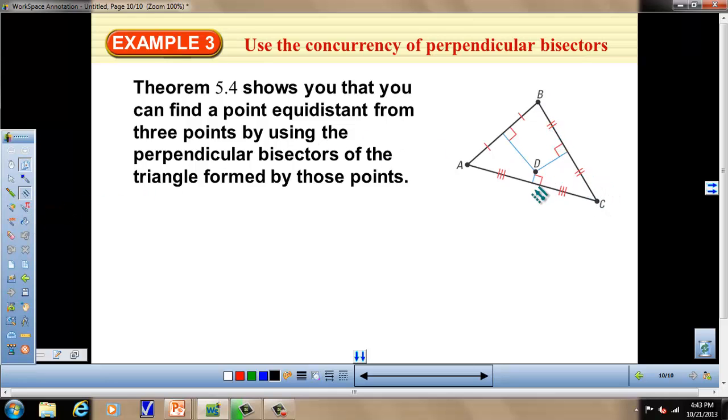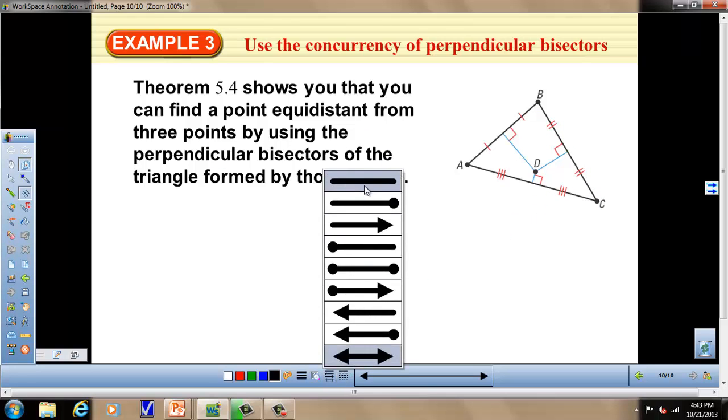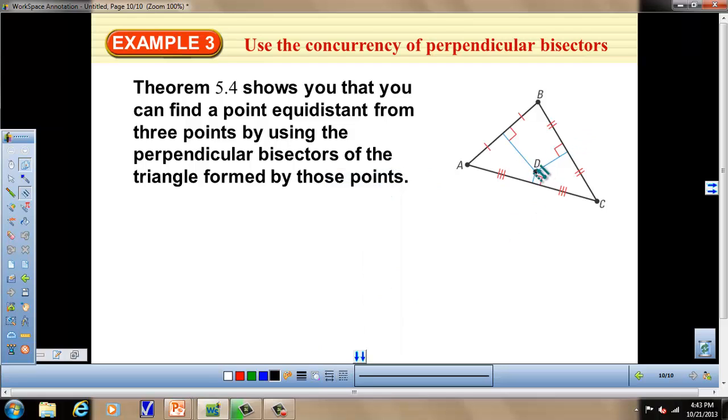Now, the three lines that are equal here will be this line right here. I'm going to use a different color. I'll use green.